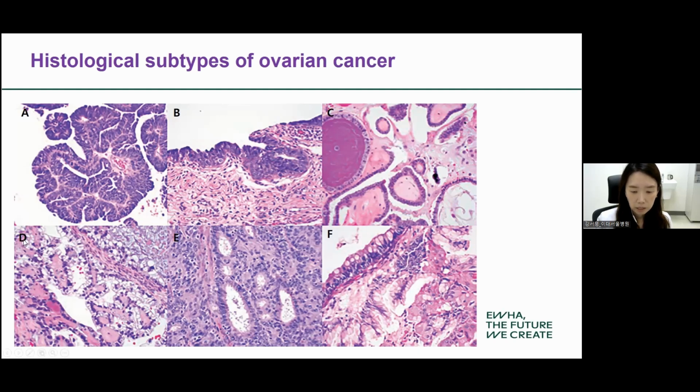And figure D is clear cell carcinoma. As the name suggests, it is characterized by large atypical tumor cells with frequent clearing of the cytoplasm and also stromal hyalinization. Figure E is endometrioid adenocarcinoma. And figure F is mucinous adenocarcinoma, where you can see mucin-filled tumor cells.